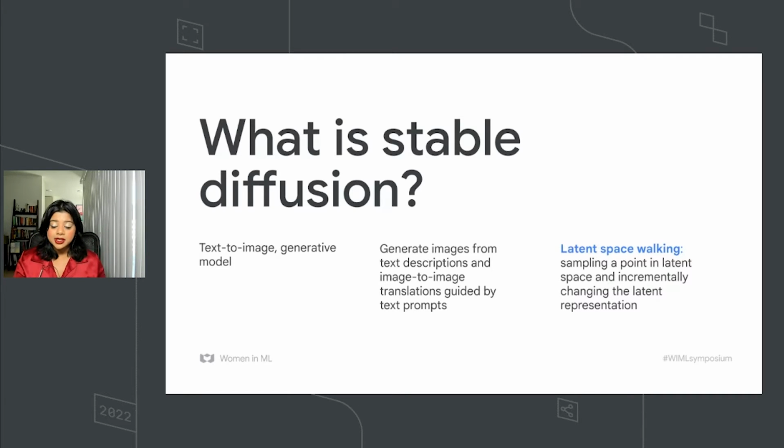It uses text descriptions to generate images and image-to-image translations guided by text prompts. An important concept in stable diffusion is latent space walking. And this simply means sampling a point in latent space, or each of the state transitions, and incrementally changing those latent representations. And you'll see what that means more in the coming slides.